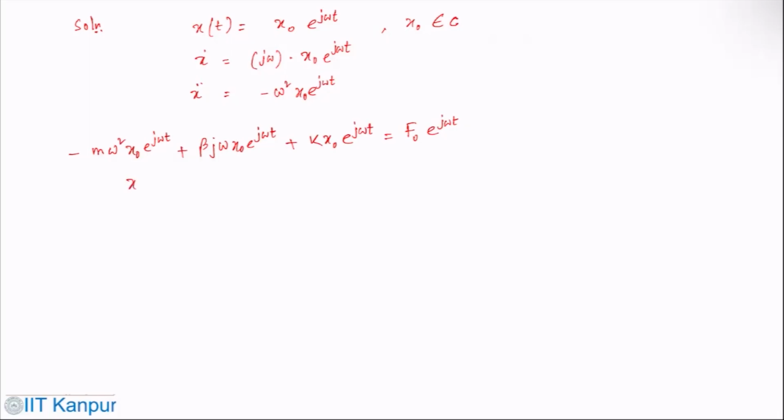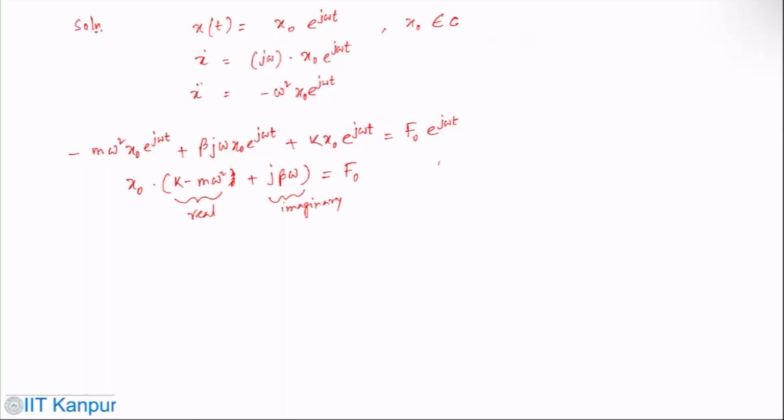So what we can write is x naught times k minus m omega square plus j beta omega equals f naught. This portion is the real part of the solution, and this is the imaginary part of the solution.